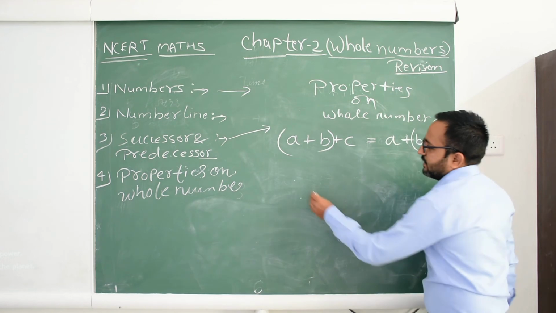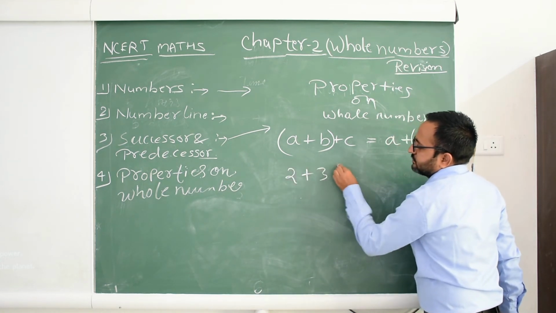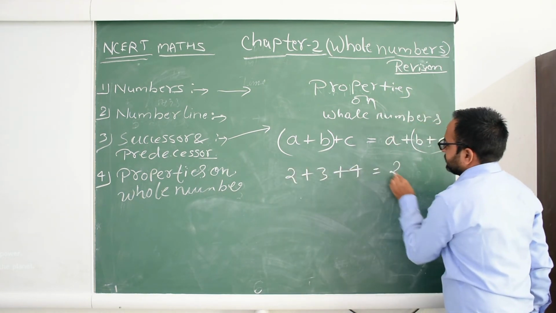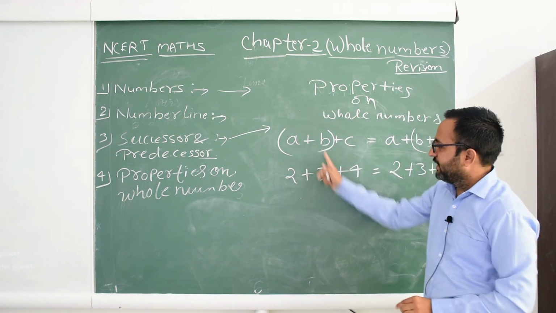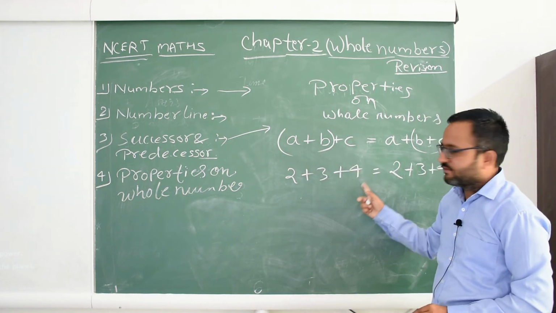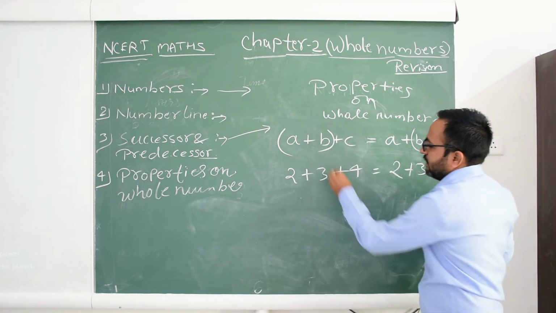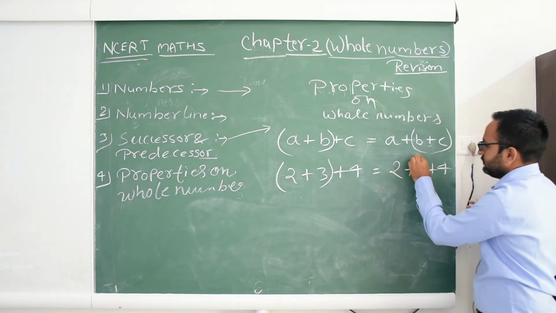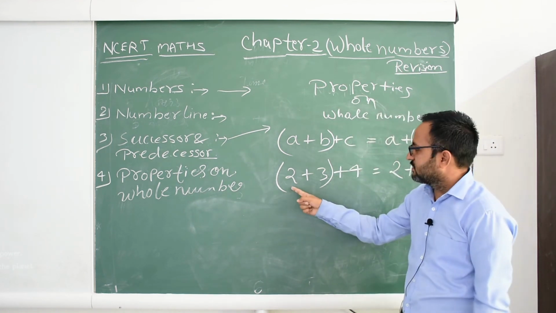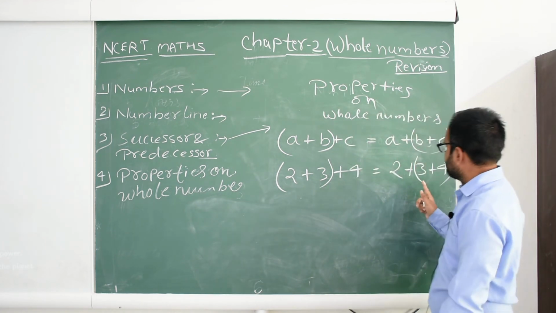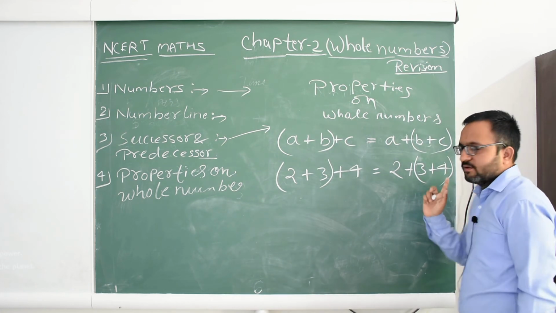Okay. So now we take 3 numbers. We take A equal to 2, B equal to 3 and C equal to 4. Here we take the same numbers, but we solve different numbers first. Here we solve 2 plus 3 first, and here we solve 3 plus 4 first.